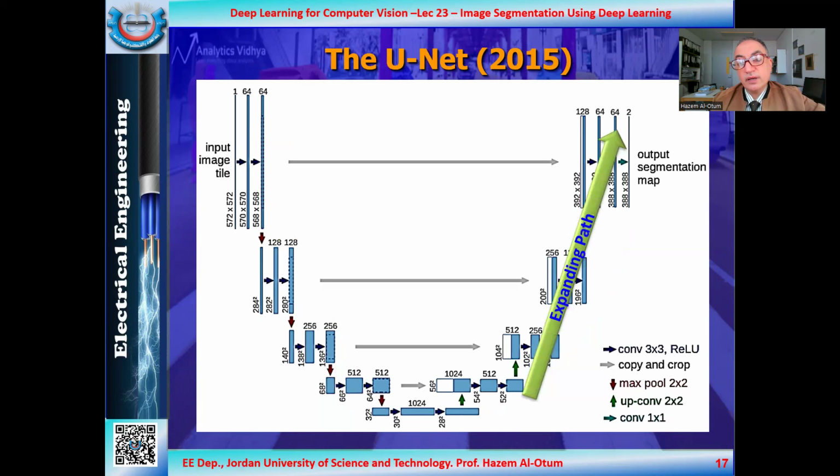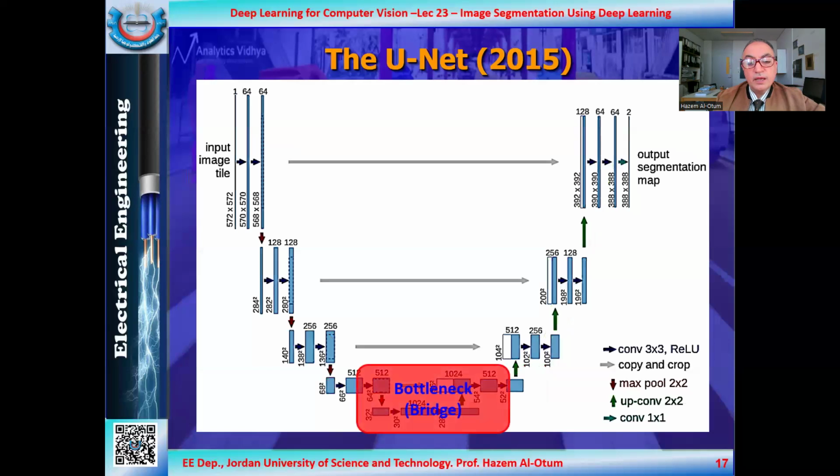On the other hand, we have an opposite operation to expand, which is the expanding path or the decoder path, where we have a pure or clear version of the main features of the image after compressing them in the encoder part. This is the bottleneck or the bridge that bridges the two, where we have very condensed, squeezed information about the features in this image regarding the classes.